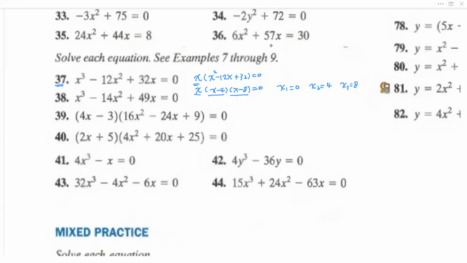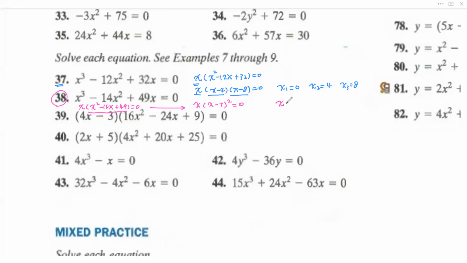All right. Let's see 38. Do the same process, right? First, we need to take x out. X squared minus 14x plus 49. You can quickly find out actually this is called a perfect square, right? So we can say x minus 7 squared equals 0, right?